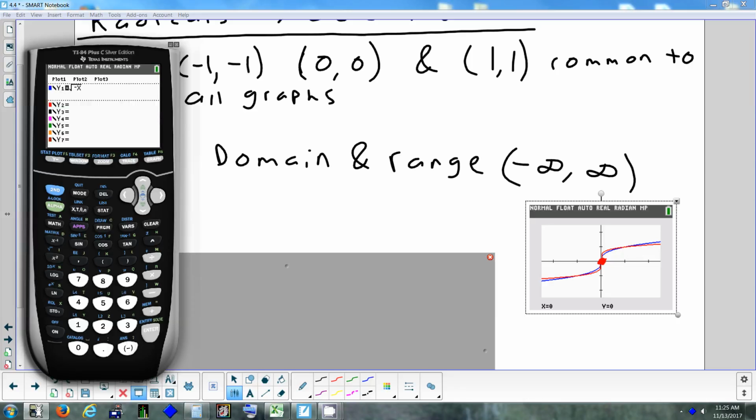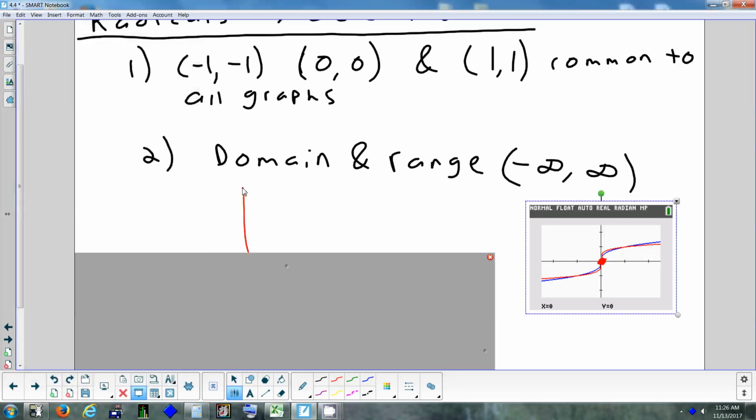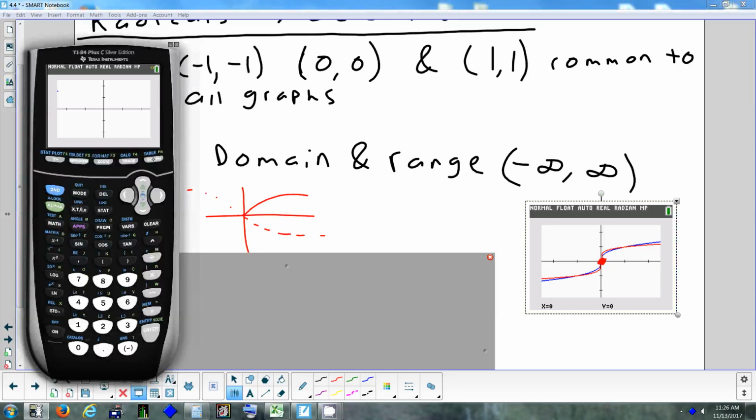Flip. That's still going to flip it, but it's going to flip it the other way. So instead of flipping it down there, it's going to flip it over there. So now it's curved the other way. I just put the negative under the root instead of outside the root.